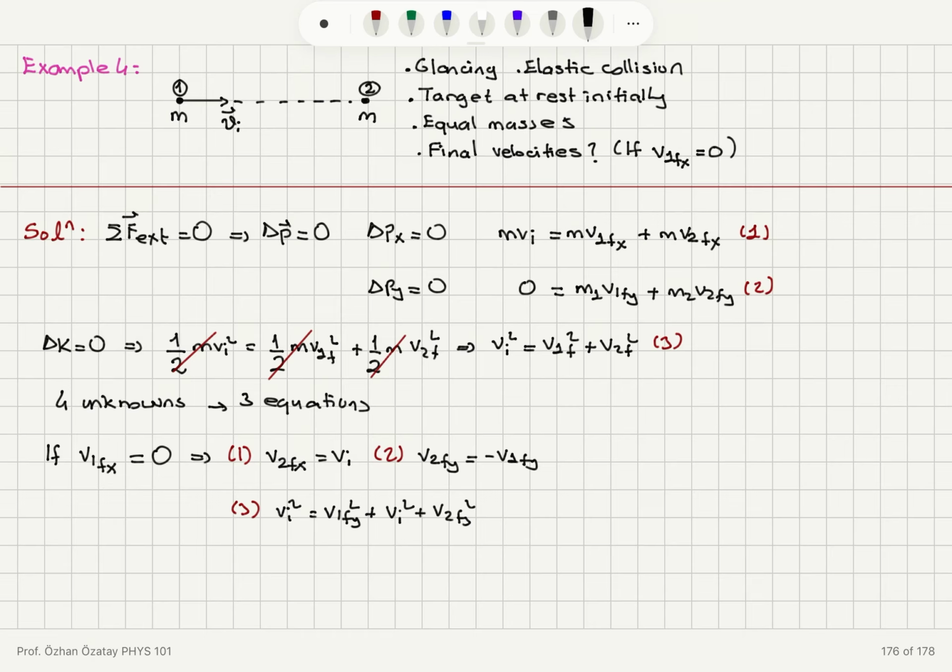And V2 final squared is V2 final x squared, which is V initial squared plus V2 final y squared.